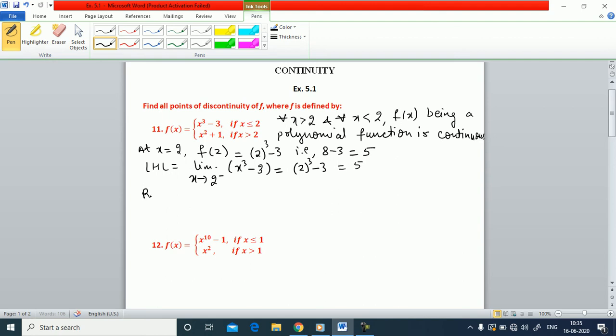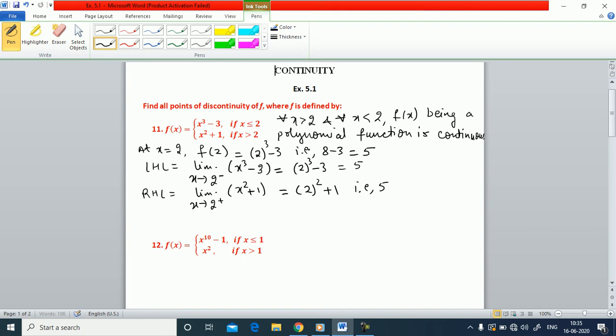And the right hand limit, x tending to 2 from the right, the function is x square plus 1. Replacing x by 2, we get square of 2 plus 1, that is 5.